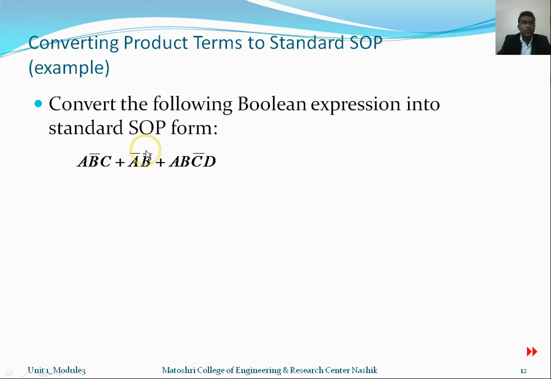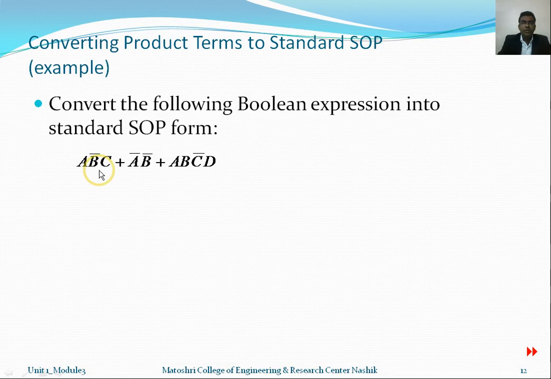In the second product term C and D are missing. In the third product term all variables are present. So the first product term and the second product term are not in standard SOP form, and we have to convert these first 2 product terms into standard SOP form.